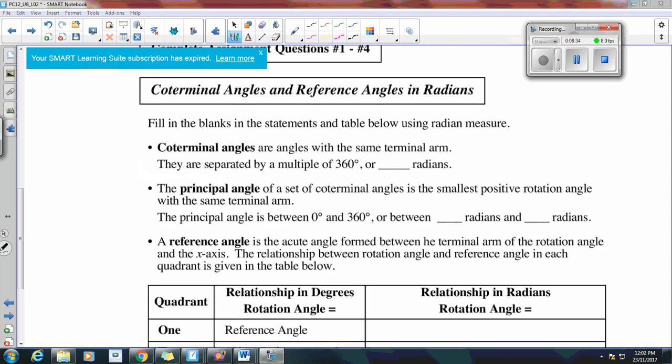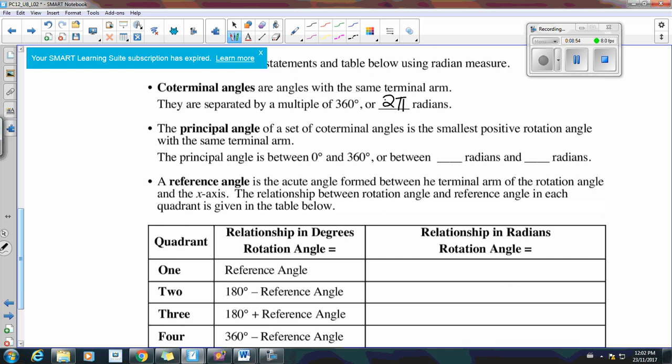Okay, continuing on here. Coterminal angles and reference angles in radians. So everything we did with lesson 1, we have to do again with radians. So coterminal angles are angles with the same terminal arm. They are separated by a multiple of 360 degrees or 2 pi radians. So remember with radians, 2 pi is 1 full rotation, just like 360 degrees.